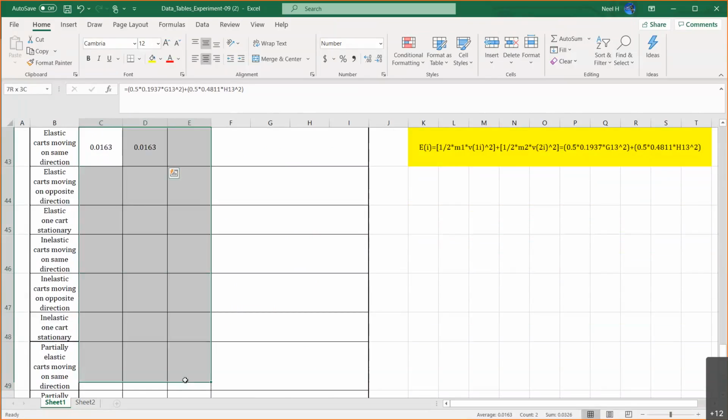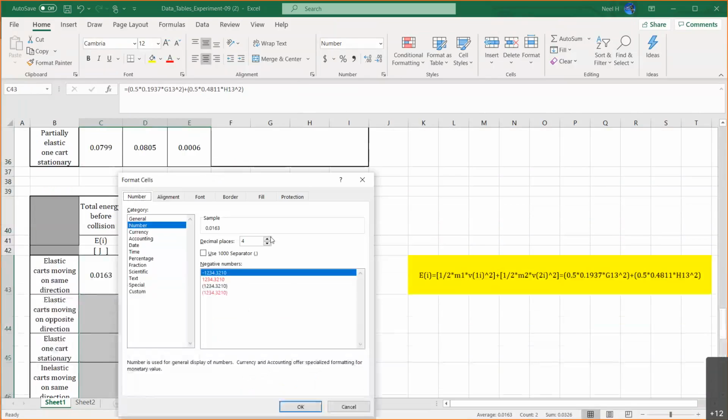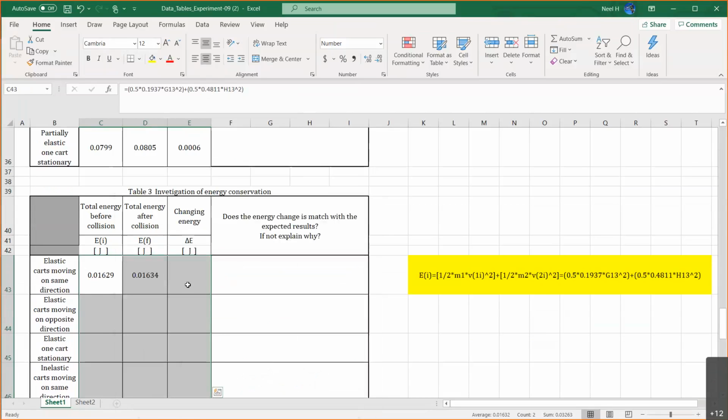Let's do that. These are calculated values. We are not interested in sig figs at all here. What we are interested in is investigating these conservation laws, right? Then you can see a little bit of error in the 5th decimal place, which means in terms of percent error or percent difference, there is almost no meaning in doing it. It's going to be 1% or even less than that, 0.001%.